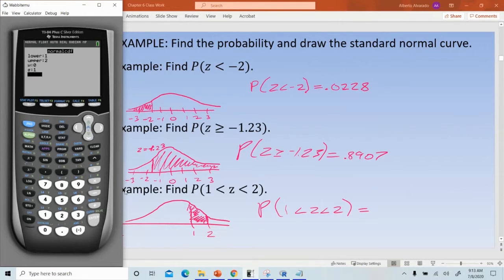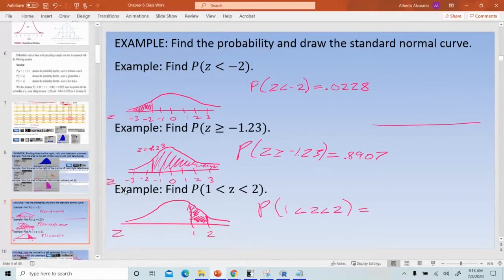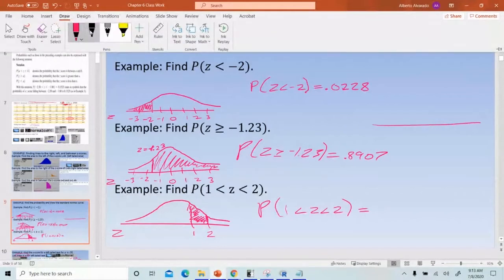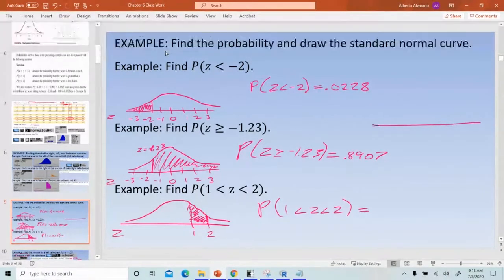But before I put the answer, I want to draw your attention to something real quick. Let's recall that we talked about the empirical rule. This time I am going to draw the detail 1, 2, 3, meaning just labeling up to 3, and -1, -2, -3.